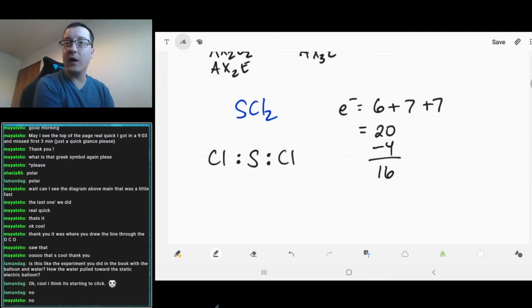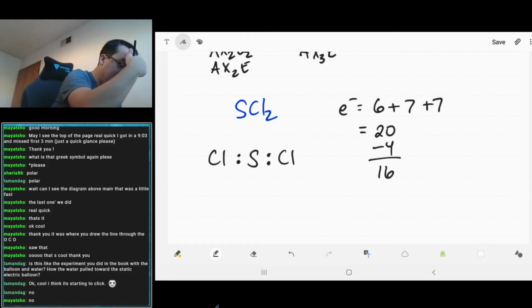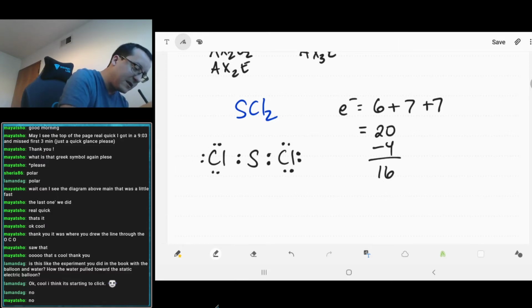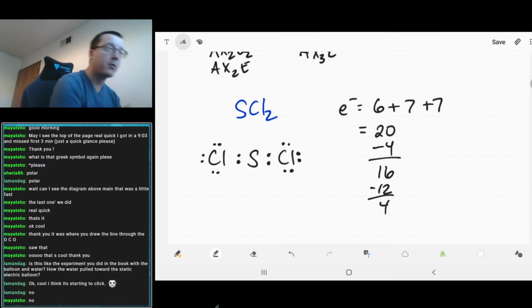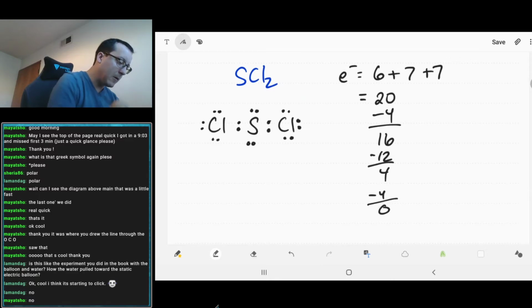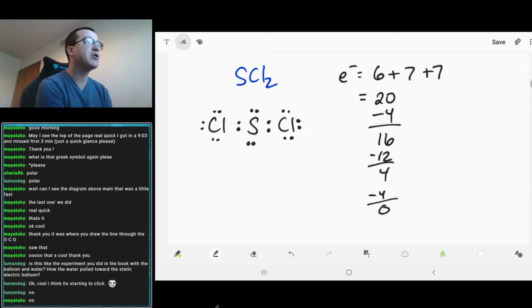We're going to want to start giving them to the outside. So I gave out 12 more. We have 4 left. So we'll give those to sulfur now. And we can now double check our molecule.